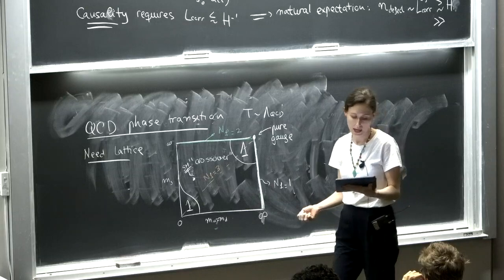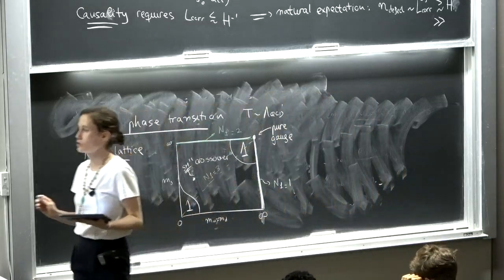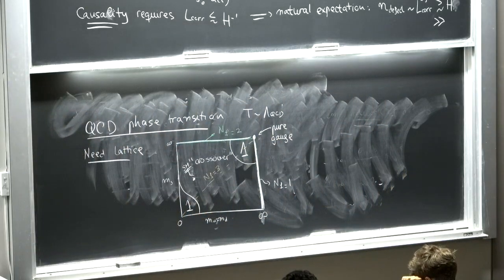Okay, so this is just for general culture purposes, so that you know what happens in the standard model. But beyond the standard model, a phase transition in the early universe that is first order is something that happens very commonly, both within minimal extensions of the standard model, but also more generally in theories with a dark sector.